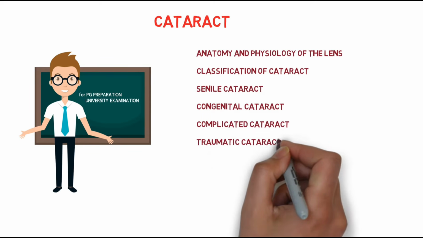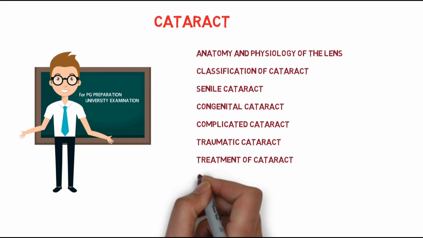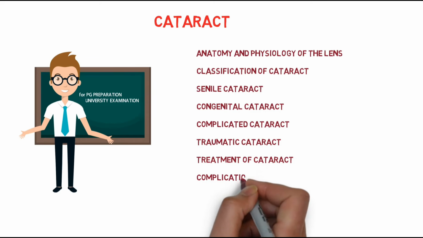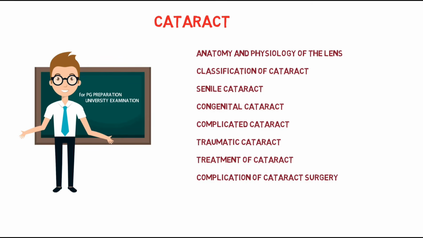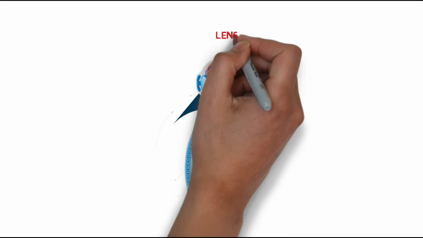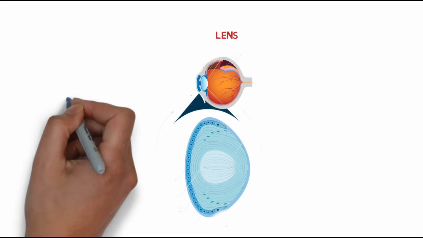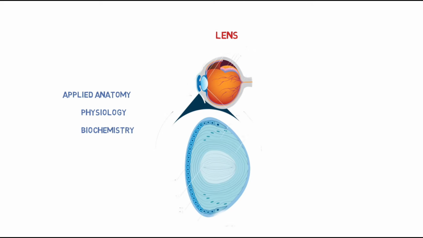After that, we are going to discuss the treatment of cataract, that is cataract surgery, and after that the complications of cataract surgery. We are going to cover all the important points for your PG preparation like applied anatomy, physiology and biochemistry.